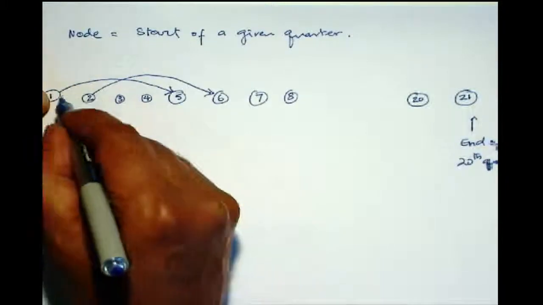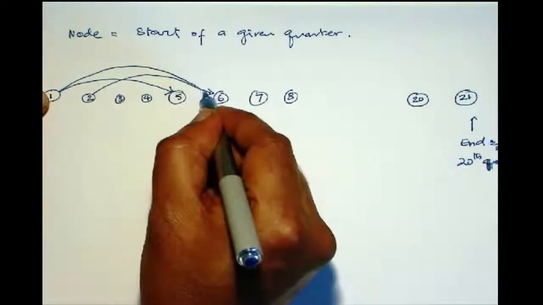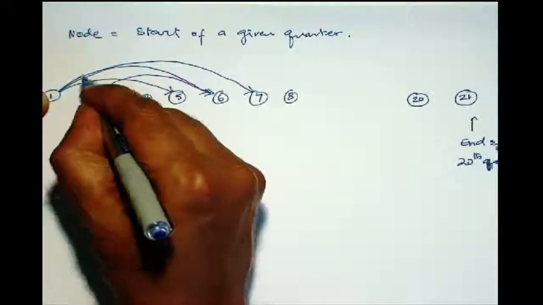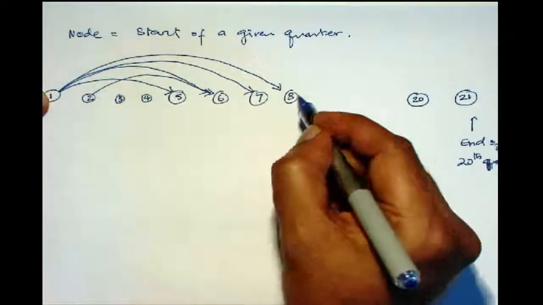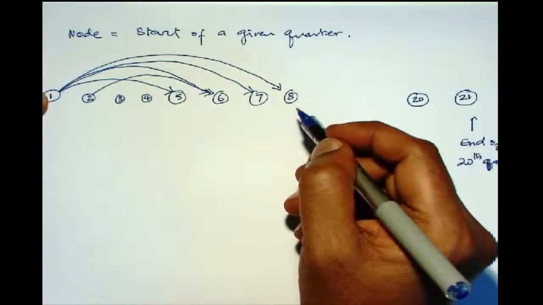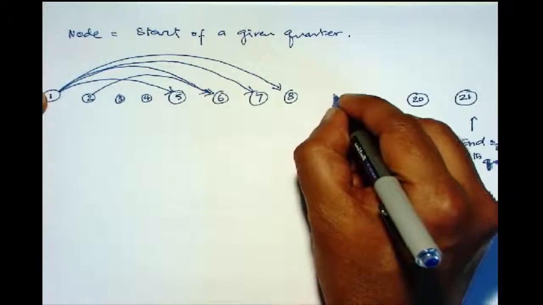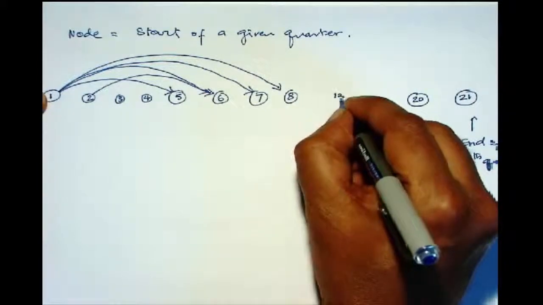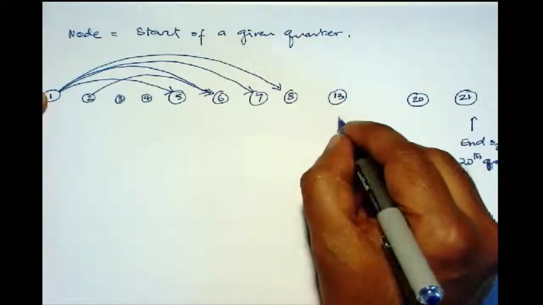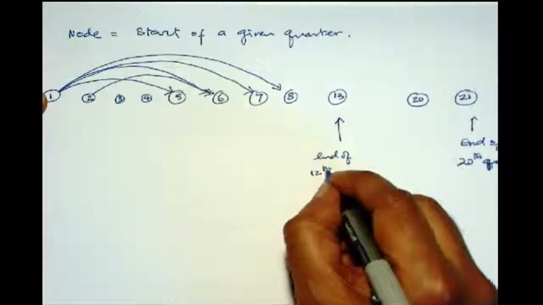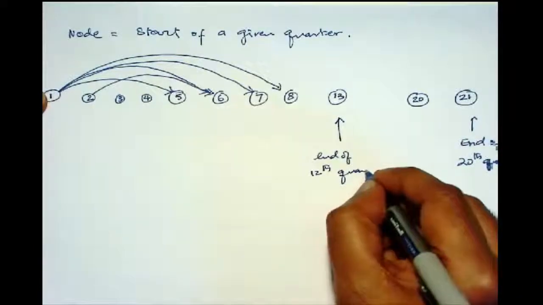And remember, you can only keep a machine for 12 quarters. So 13, that would be the end of 12th quarter and start of the 13th.